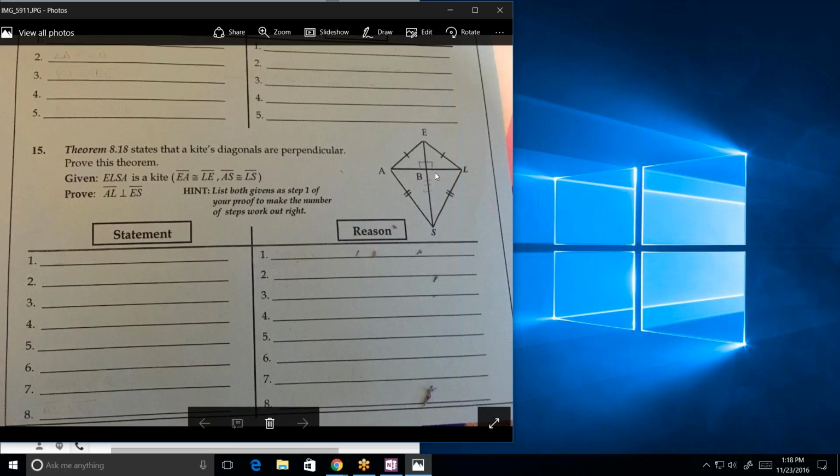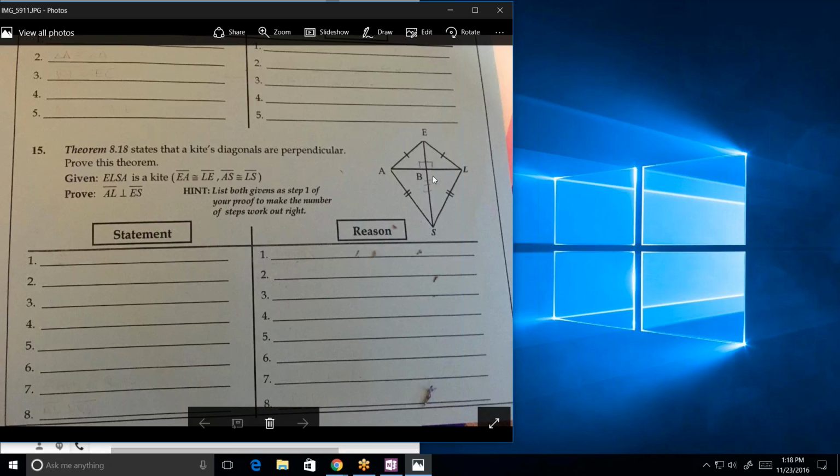Statement 6. AL is perpendicular to ES? Not quite yet. First of all, we have to say that angles ABS and LBS add to 180 degrees, right? What's the reason?